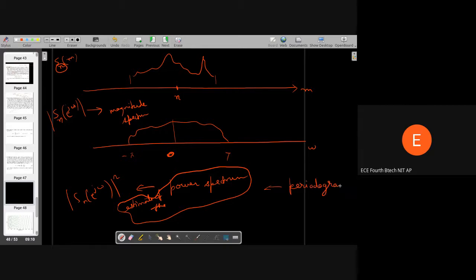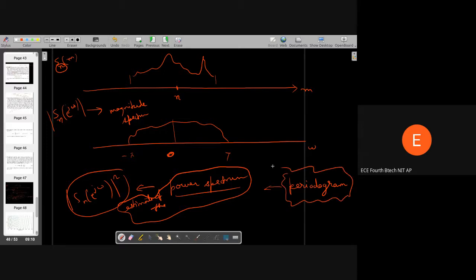In loose terms, we say power spectrum and periodogram, or square of the magnitude spectrum is power spectrum. But in absolute correct technical terms, it is an estimate of the power spectrum of the signal. Why that is, you will understand if you go through your statistics. The more accurate name is periodogram.